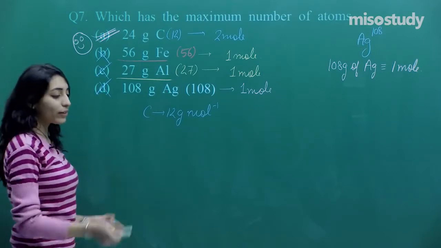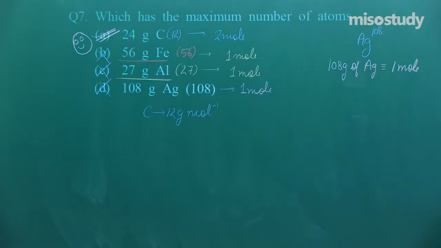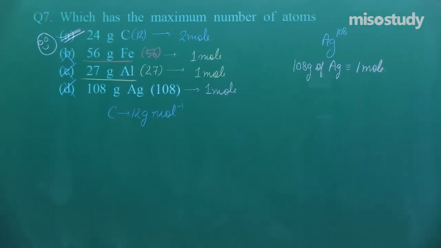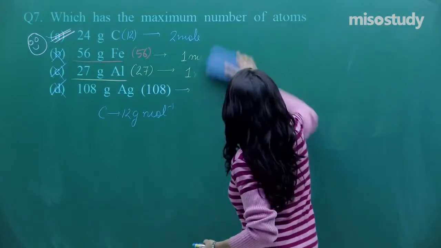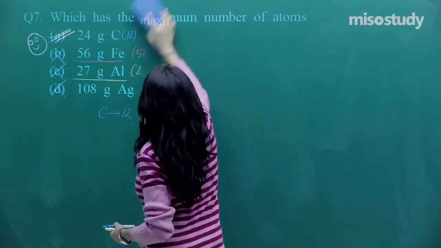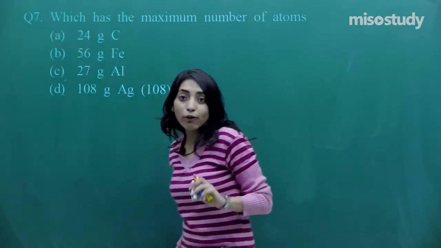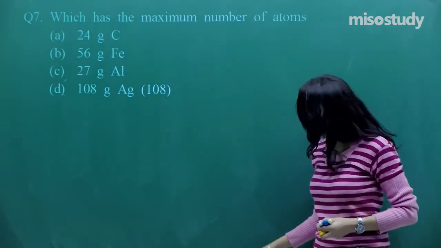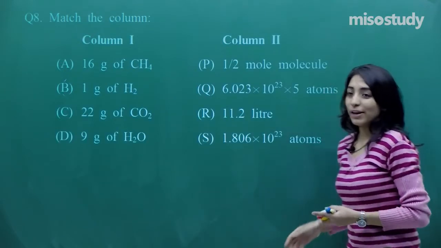So having done with question number 7, let us quickly continue to another question, which is question number 8. So you must be getting a ray of hope, right? Sometimes easy questions are also there in JEE Advanced. Let us come to question number 8. Oh my God.